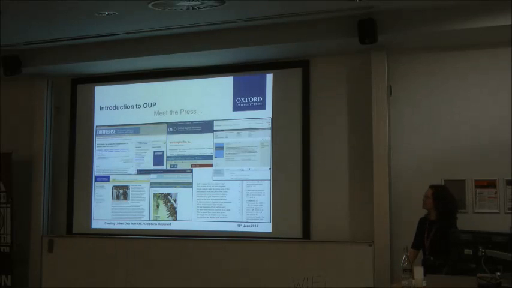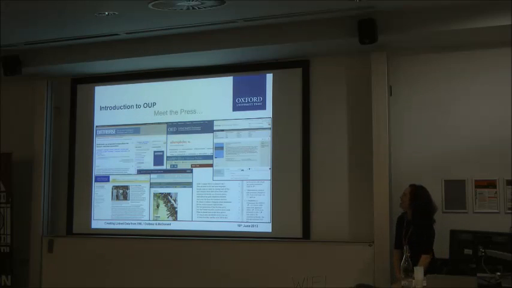So this is kind of a similar slide to Tom's yesterday. These are some of the online products that Oxford University Press publishes. We've got a wide range of academic content, so we've got journals from lots of different domains, from medicine, law, humanities and so forth. We also publish lots of different dictionaries and other reference content.